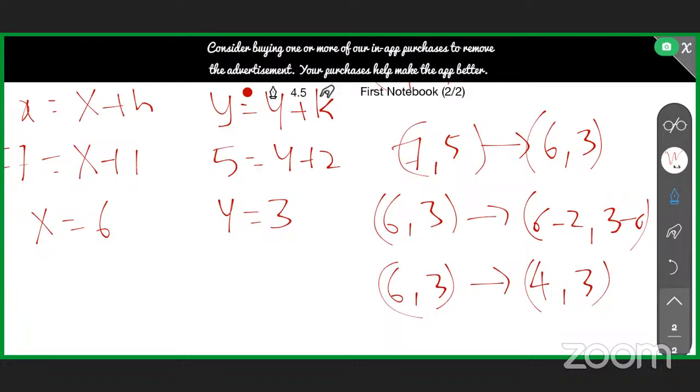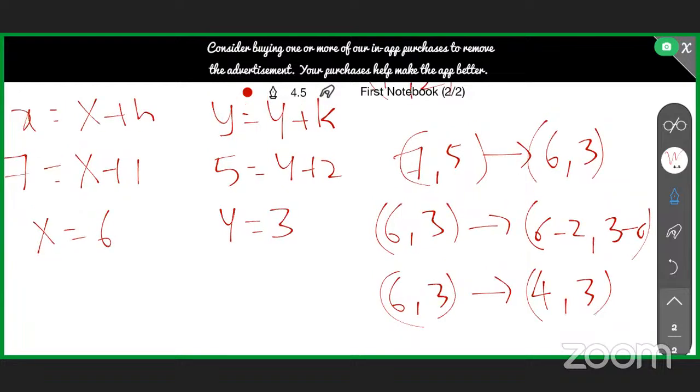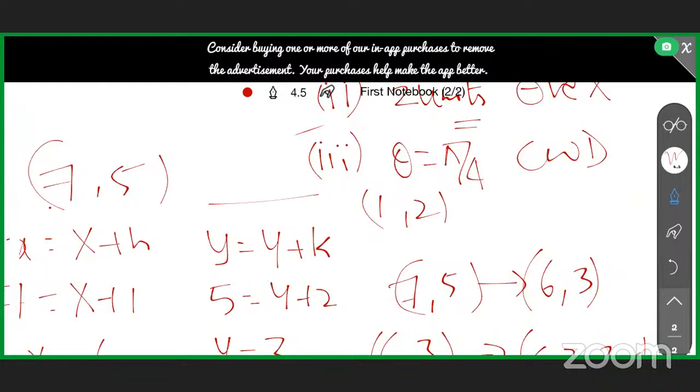Now, the third transformation they are telling is theta is pi by 4, meaning the axes are rotated by an angle pi by 4 in the clockwise direction.